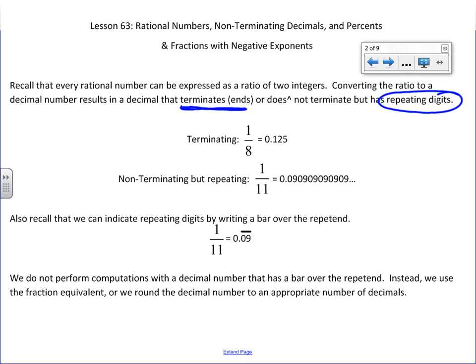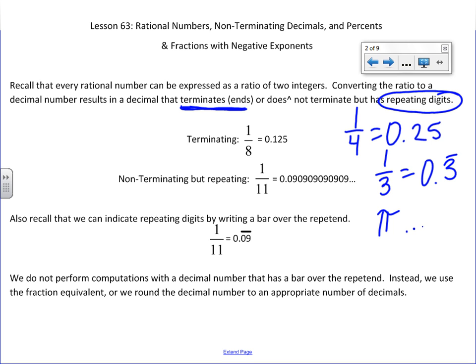It either ends like 1/4, which we all know is 0.25, or it repeats like 1/3, which we all know is 0.3 repeating. Numbers like pi that go on and on with no pattern are irrational. So what we're talking about are either terminating decimals or repeating decimals.